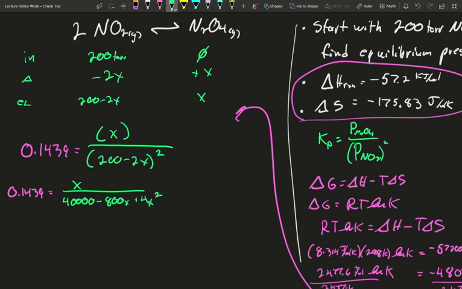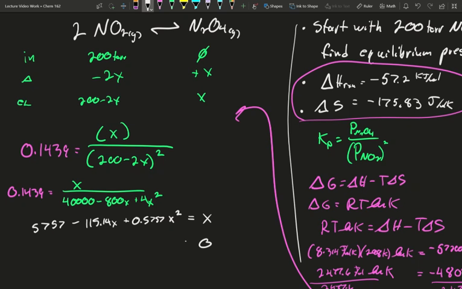If we multiply this out, this will be x over 40,000 minus 800x plus 4x squared. Multiply that across and rearrange a little. 5,757 minus 115.14x plus 0.5757x squared will all be equal to x.